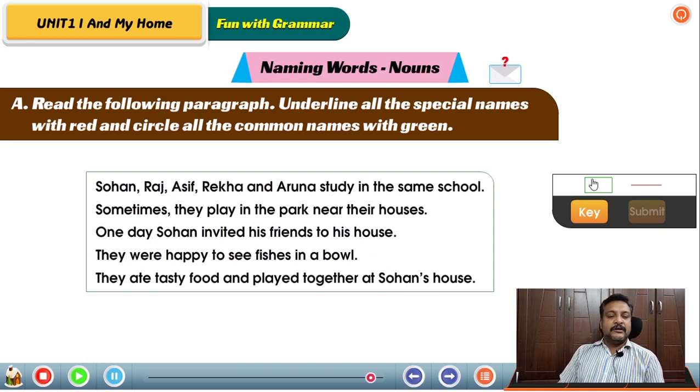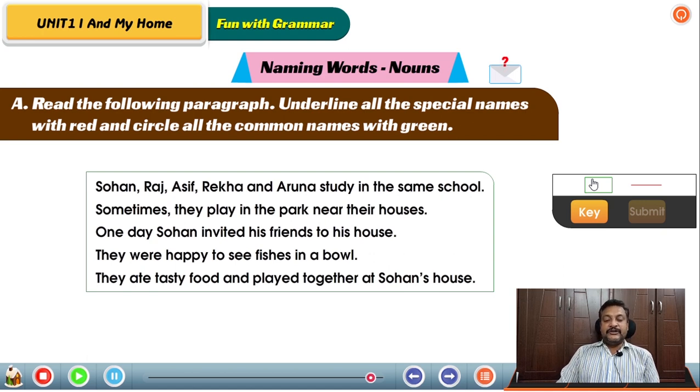So read the sentences. Sohan, Raj, Asif, Rekha and Aruna study in the same school. Sometimes they play in the park near their houses. One day, Sohan invited his friends to his house. They were happy to see fishes in a bowl.